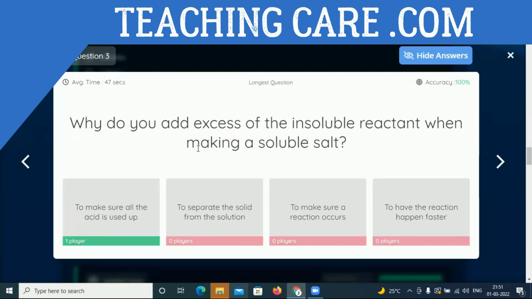Right? But wouldn't that make it hard to separate the solid from the solution? No. Here excess is added to make sure that all the acid is used up. Got it? The first reason is to check whether everything is used up, because until all the acid is used up, you cannot proceed with the further reaction.